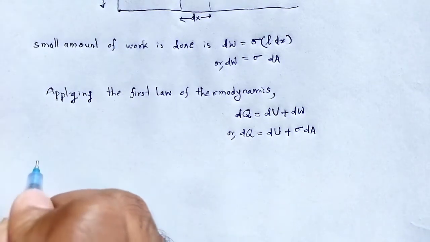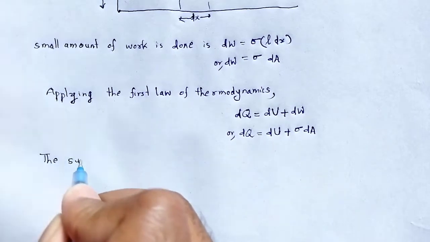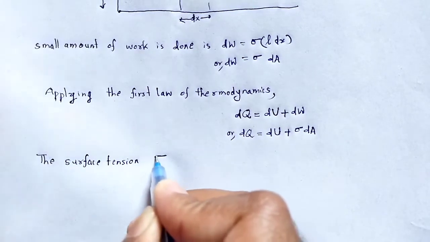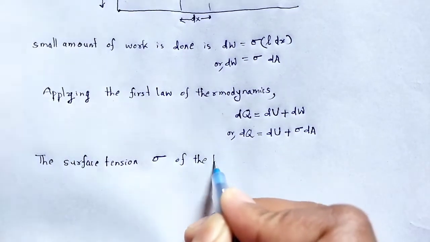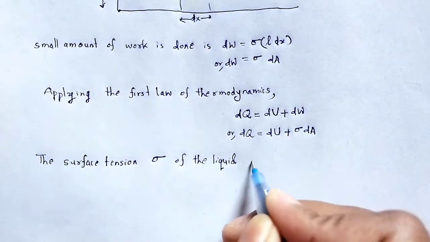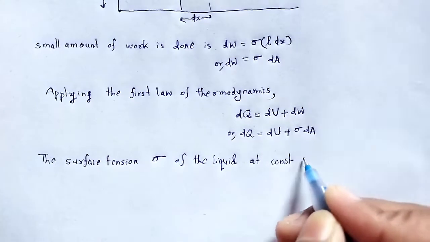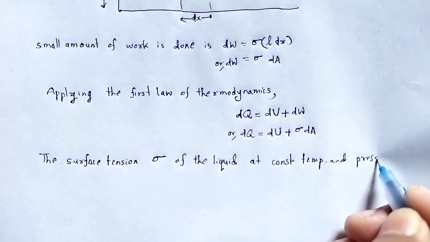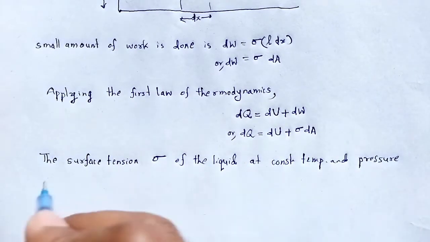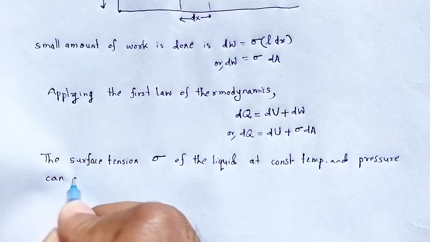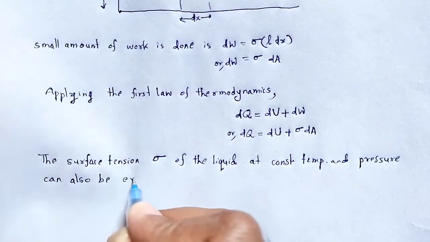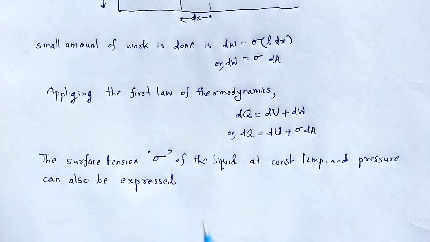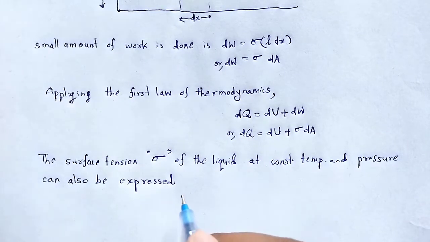Let me define the surface tension sigma of the liquid at constant temperature and pressure as the Gibbs free energy per unit surface area.